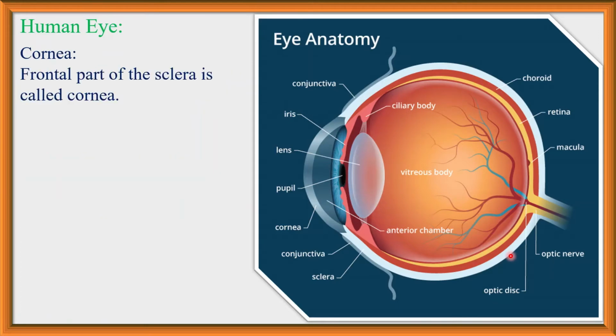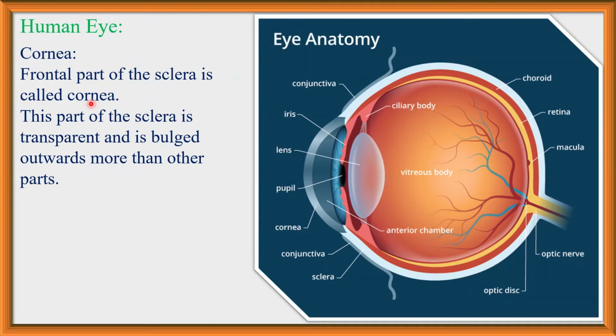And cornea. The frontal part of the sclera is called cornea. This outermost part is sclera, but the frontal part of this sclera is called cornea.